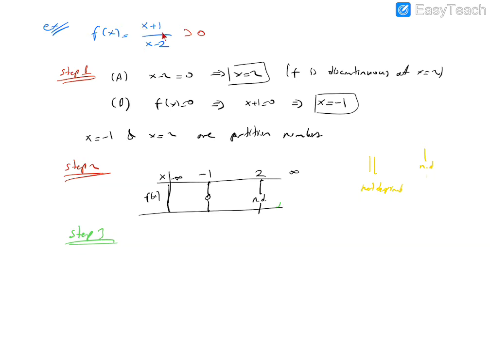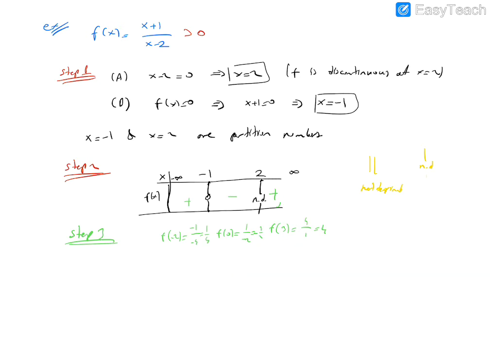At the point 3, this is 4 over 1, which is positive. So let's choose another test point, 0, for example. f of 0 is 1 over minus 2, which is minus 1 over 2. That is negative. Let's choose f of minus 2, which is minus 1 over minus 4, which is 1 over 4. So this is positive.